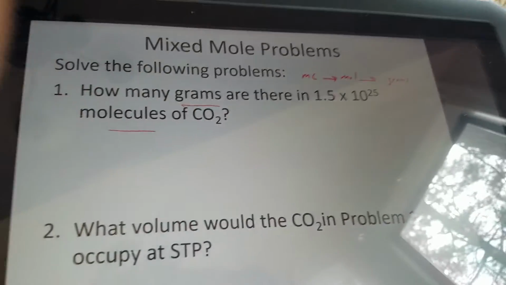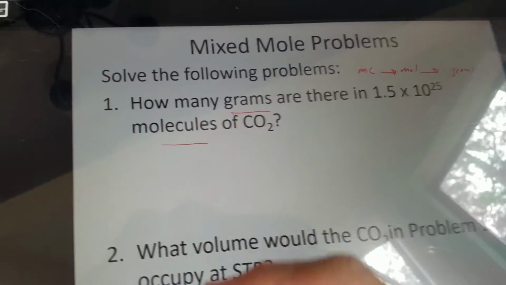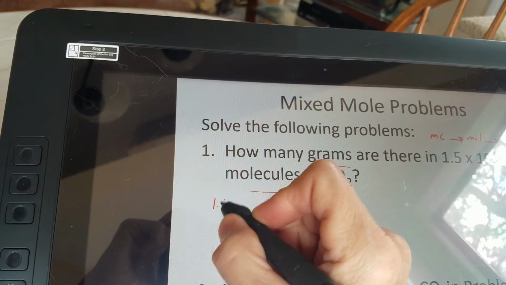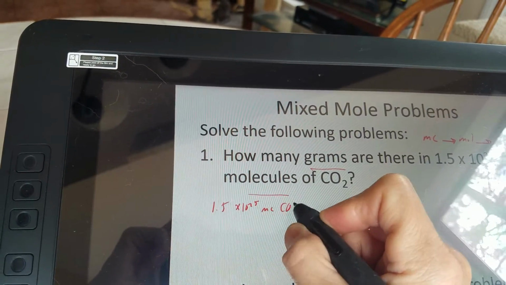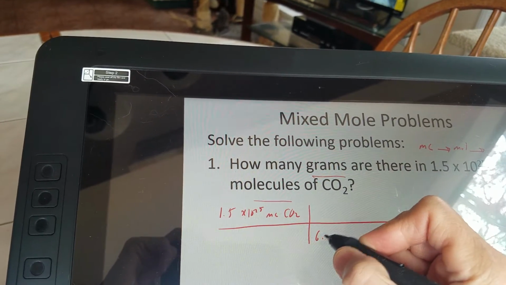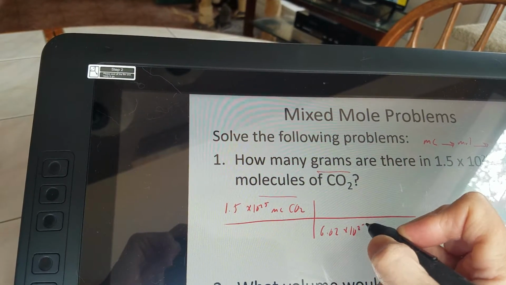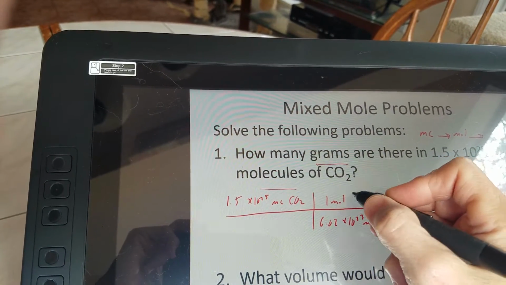So we have a little bit more work to do on this one. Yes, a 2-step process. So we'll start off with the 1.5 times 10 to the 25 molecules of carbon dioxide. We know we can get that to moles because 6.02 times 10 to the 23 molecules of anything, in this case carbon dioxide, will be equivalent to a mole.